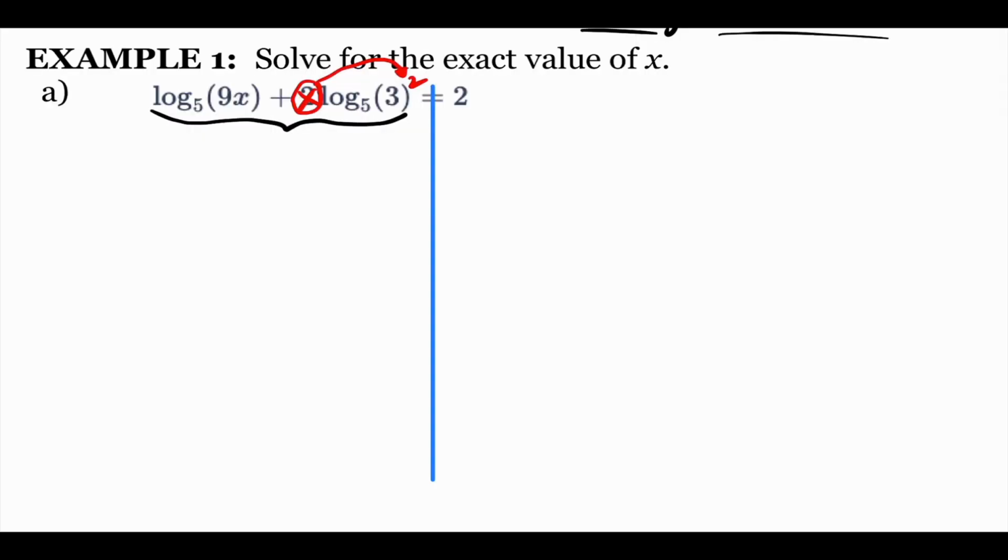I have 9x and I have 3 squared. So I'm only going to write one log. Since they both have the same base, I can combine them. Inside the parentheses, I have 9x times 3 to the second power.